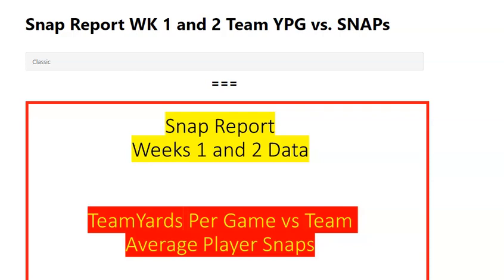This is a segue into a side aspect of this research. I kind of came upon this, and I'm not sure what this is yet. So that's part of fantasy football research.